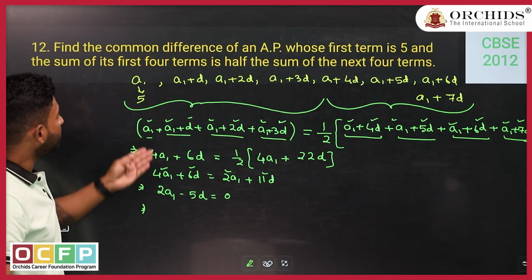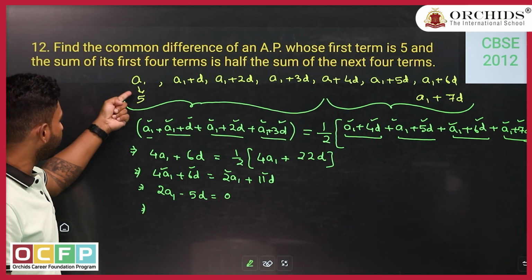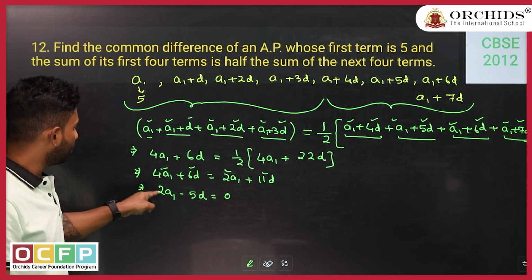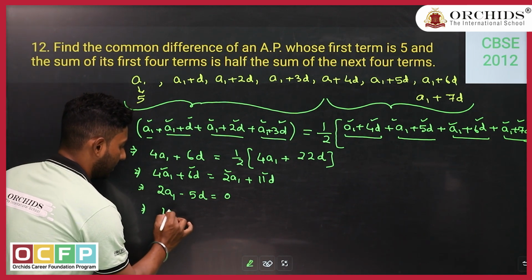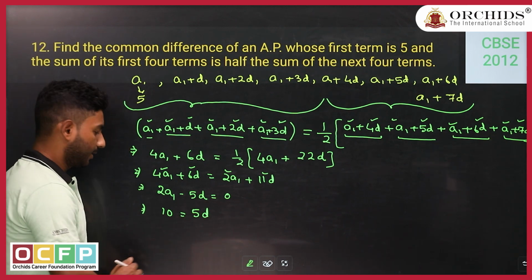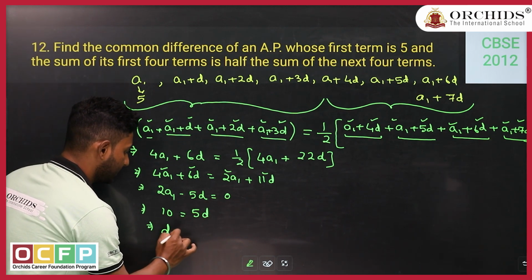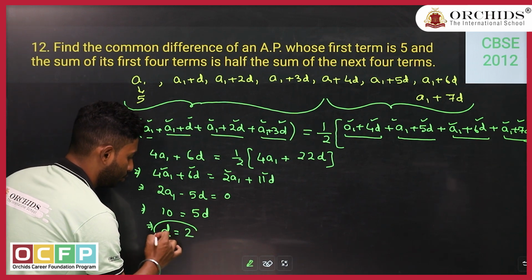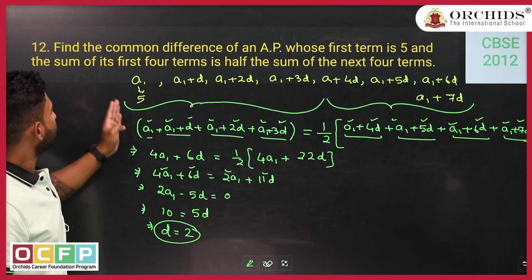Now, put the value of A1. A1 I already know. What is A1? A1 is 5. Put it here. 2 into 5 is how much? 10. Bring 5D to this side. It becomes 5D here. What is D? 10 by 5, 2.